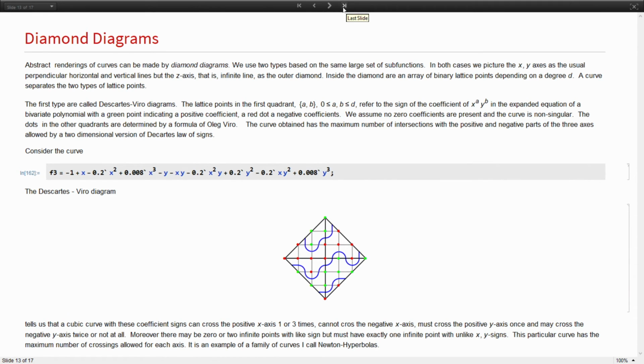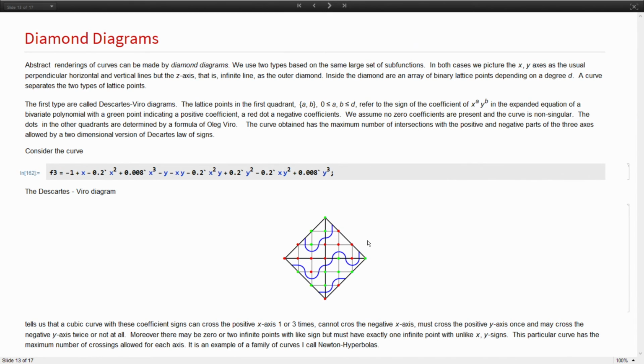If it's negative, it's a red point. And so the point at, say, i j is the sign of the x to the i, y to the j term. Then there are some ways of extending this to the whole picture, which is then supposed to be a picture of the whole projective plane with the x-axis, the y-axis, and the outside is the infinite axis.